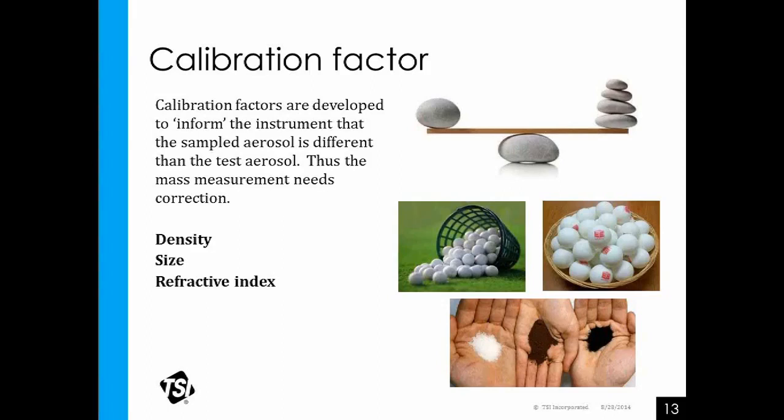So a way to determine that is doing some side-by-side sampling. If you run a photometer side-by-side in the same aerosol for the same sampling time with the gravimetric sample, you can weigh out the gravimetric reading, get the gravimetric results, look at the information on the photometer, go back and run a formula, and you can determine a calibration factor that can then be entered into that instrument.